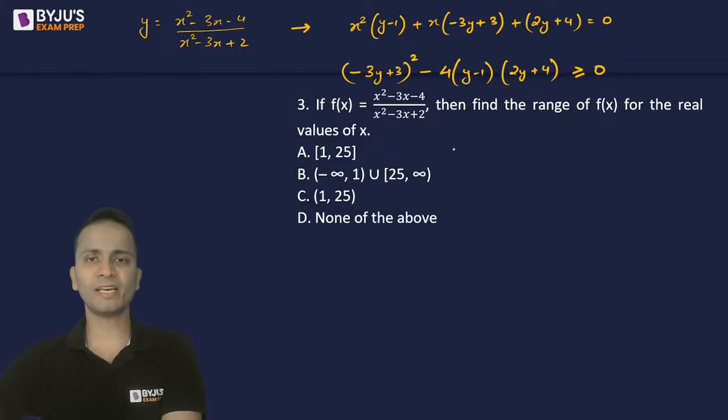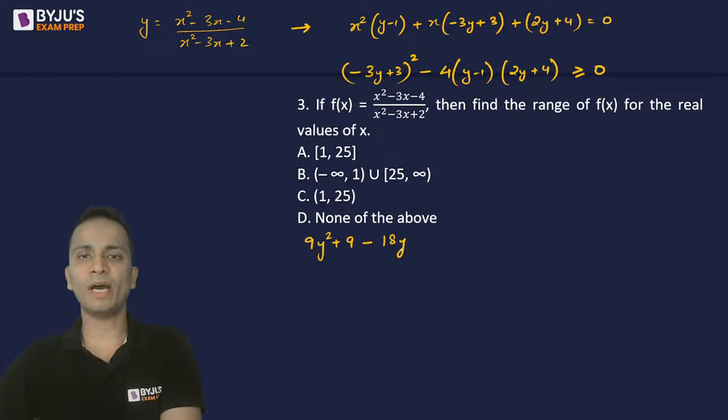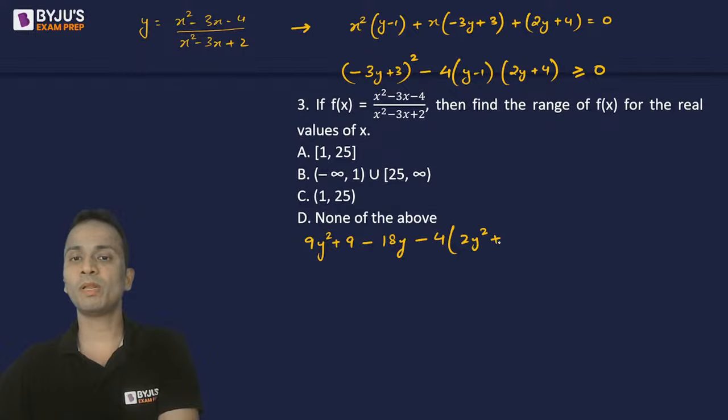Now let's simplify this. The quadratic is on the left side, so it will be 9y square plus 9 minus 18y minus 4 bracket 2y square plus 4 minus 2 plus 2y minus 4 is greater than or equal to 0.